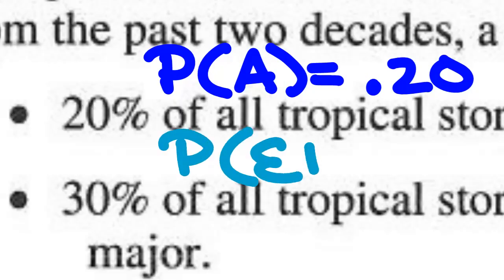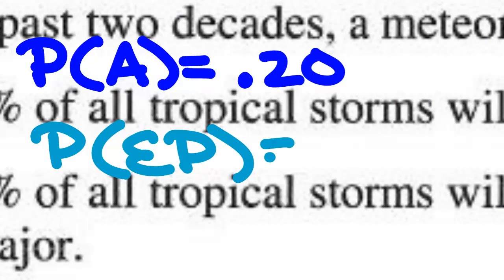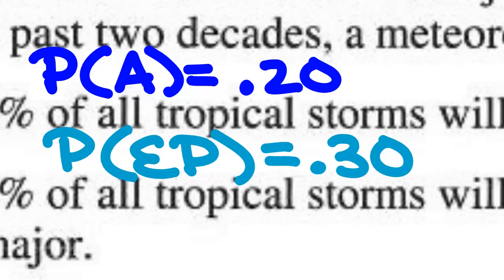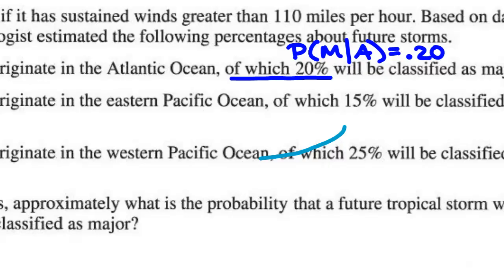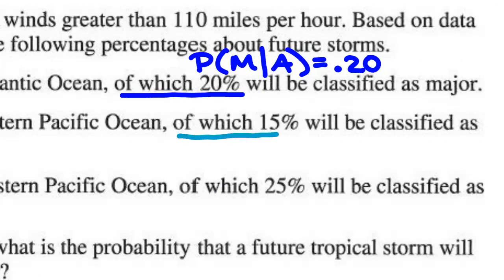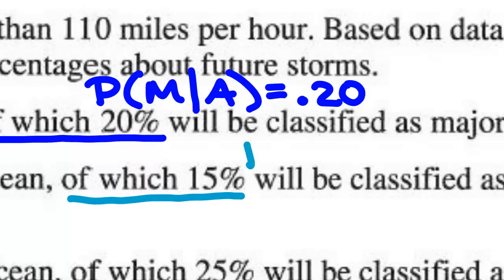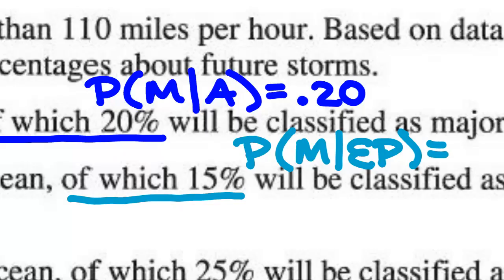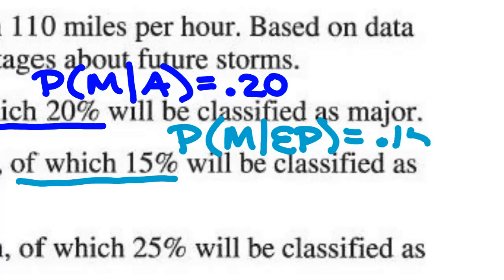So the probability of Eastern Pacific is 0.30. Of which 15% will be classified as major. So the probability that the storm is major, given that it originated in the Eastern Pacific, is 0.15.